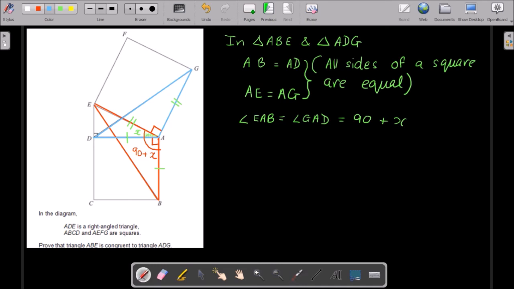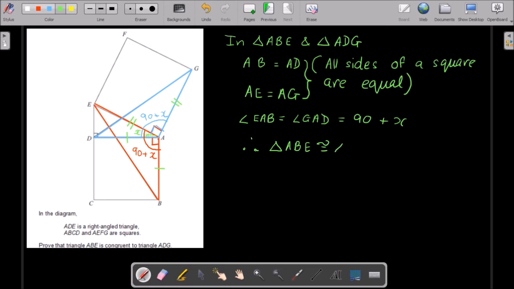And the second one was GAD. So I'm going to show that to you in blue in the diagram. It's this angle here, which is this 90-degree angle plus the X, so that'll be 90 plus X. So let's close this particular question off with a closing statement.